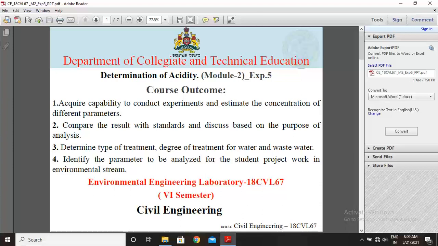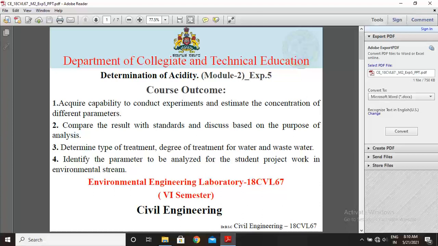This subject has 4 course outcomes. First course outcome is to acquire ability to conduct experiments and estimate the concentration of different parameters. Second course outcome is to compare the result with standards and discuss based on the purpose of analysis.